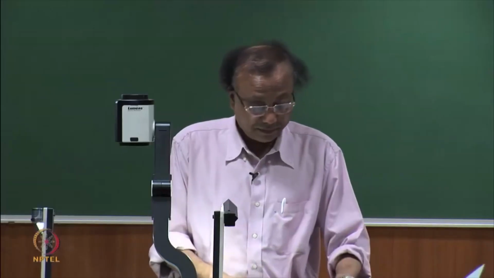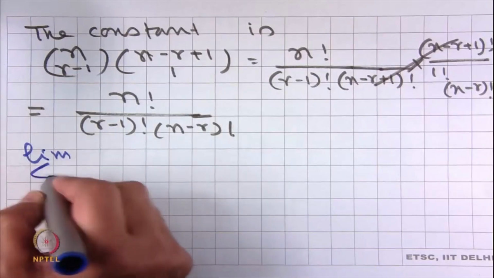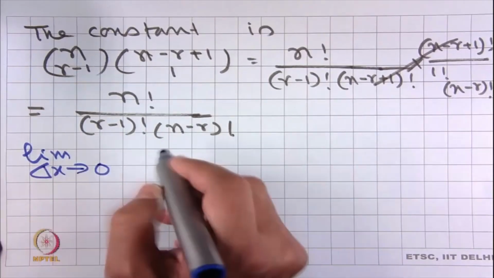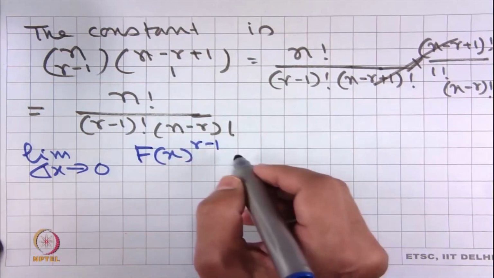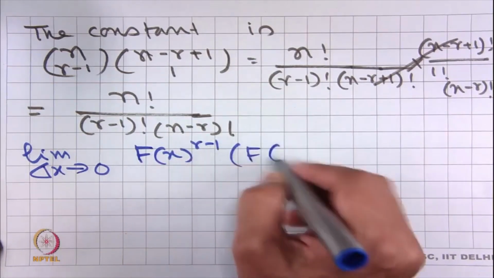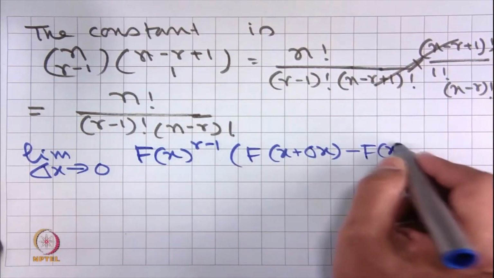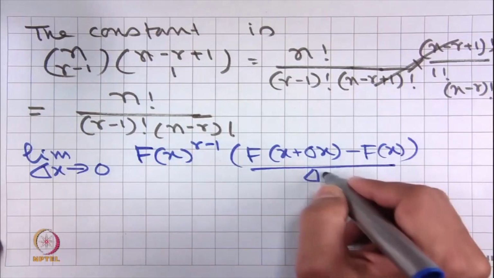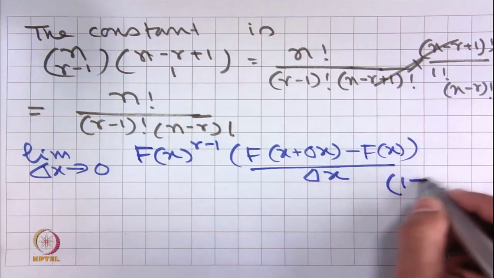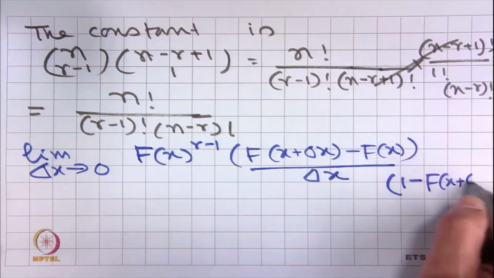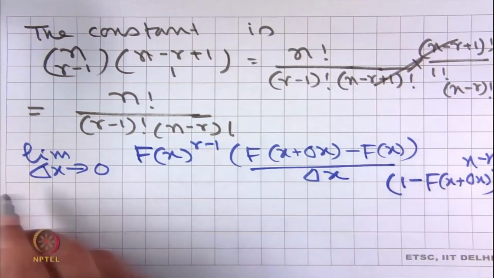Now, let us look at the limit as delta x goes to 0 of F(x) to the power r minus 1, into [F(x plus delta x) minus F(x)] upon delta x, multiplied by [1 minus F(x plus delta x)] whole to the power n minus r.